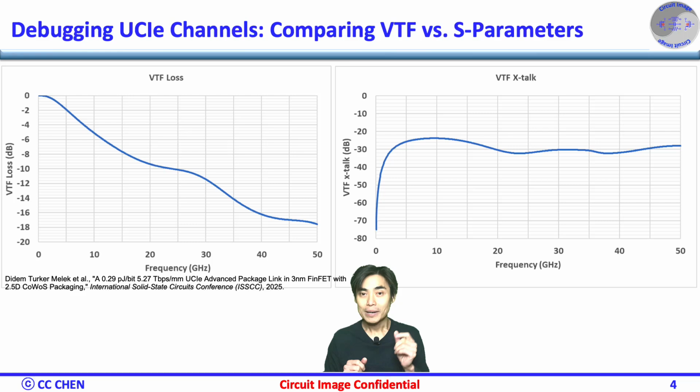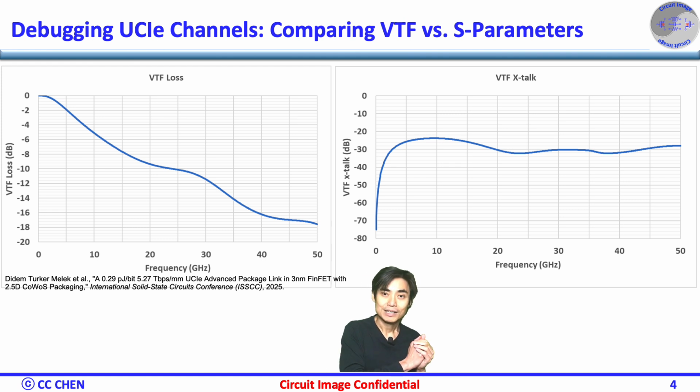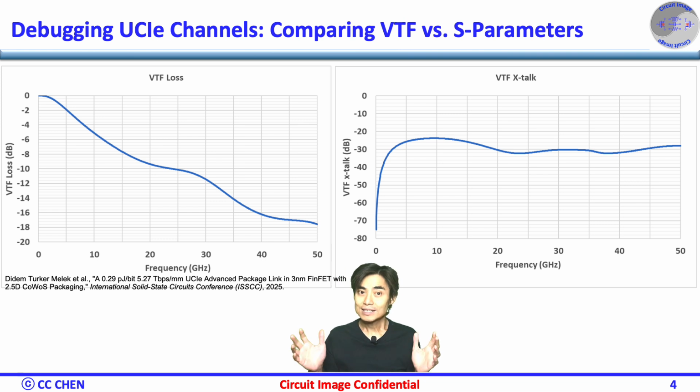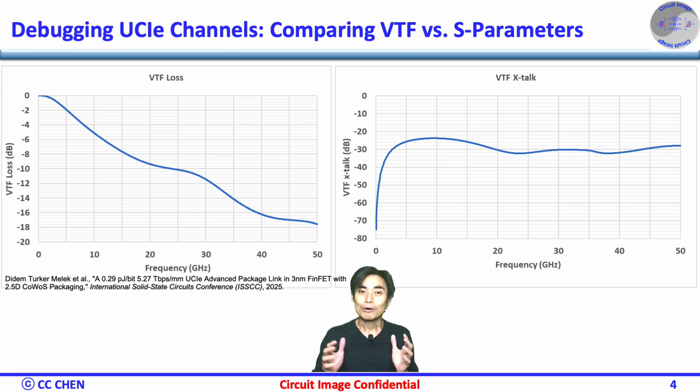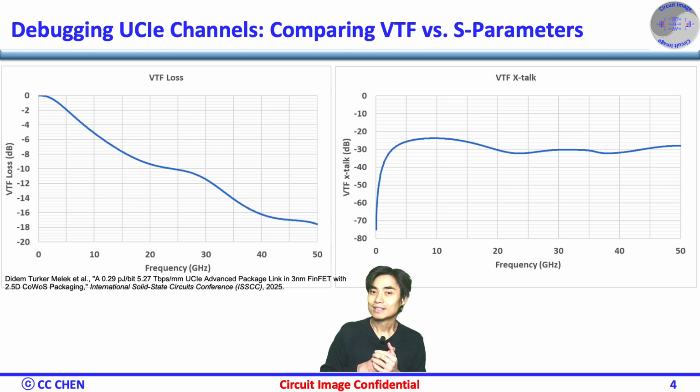A real-world comparison of S21 versus VTF-based analysis in UCIe interconnects shows that S-parameters often underestimate voltage loss at the receiver, leading to misleading SI conclusions. In a case study analyzing 3nm FinFET UCIe transceivers, VTF reveals hidden degradation in the voltage domain, allowing precise tuning of equalization settings to restore eye openings beyond compliance limits.